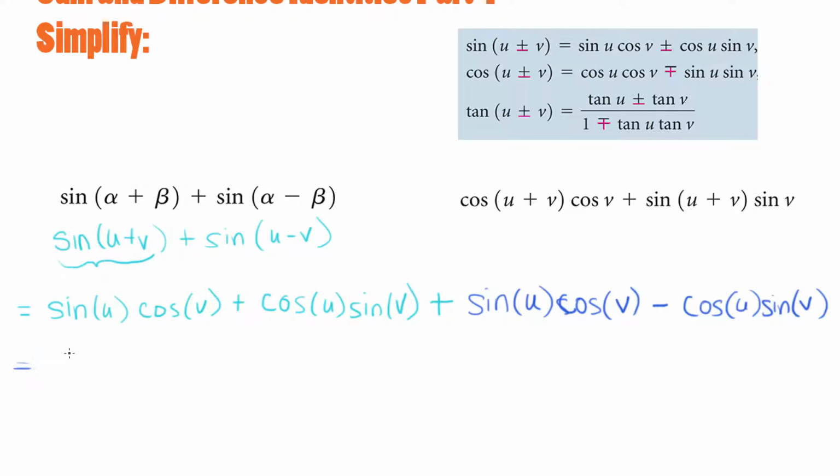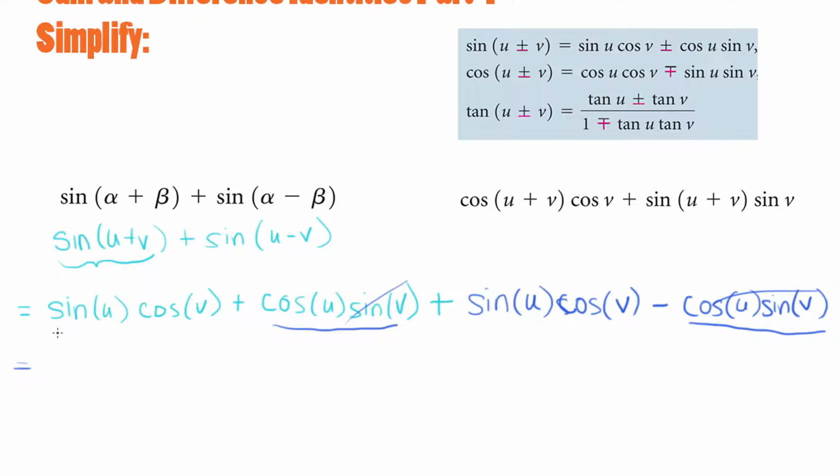Now, let's look at what we can do to simplify. First notice that this term and this one are the same, but cosine of u sine of v minus cosine of u sine of v equals 0.